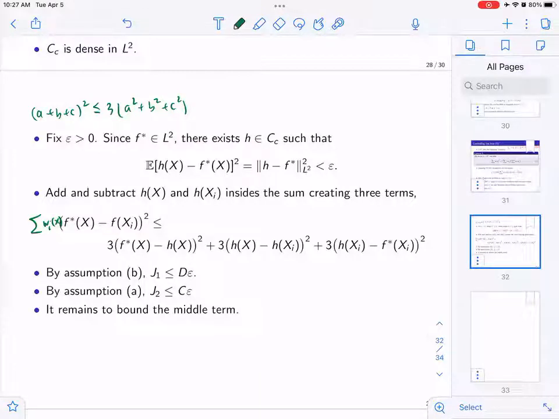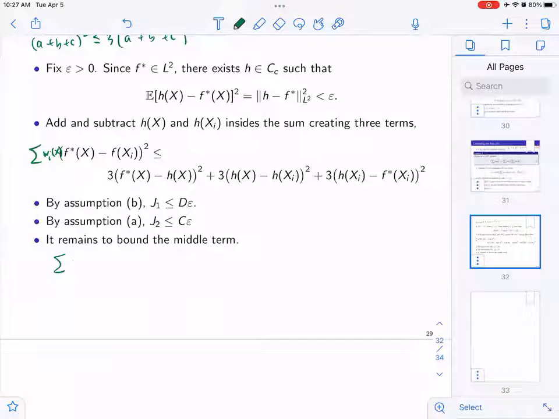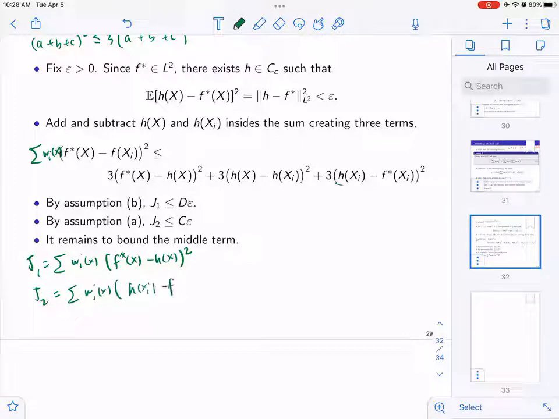The same sum goes here. So I get the summation of w_i(x) times (f star(x) minus h(x)) squared. This is J1. And J2 would be the other one at the end: the summation of w_i(x) times (h(xi) minus f star(xi)) squared. And then J3 would be the middle term, which is the term we would get if we started with h.